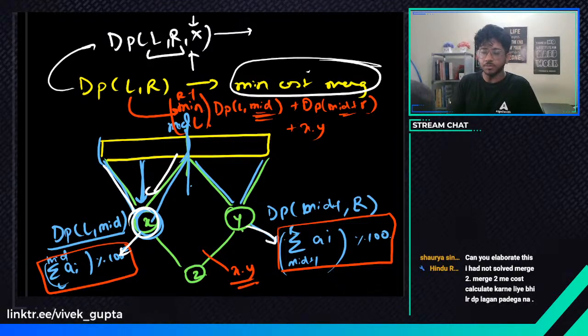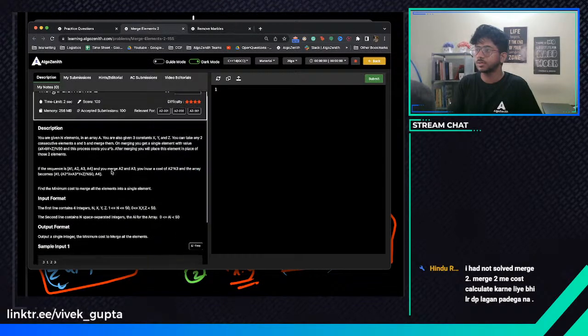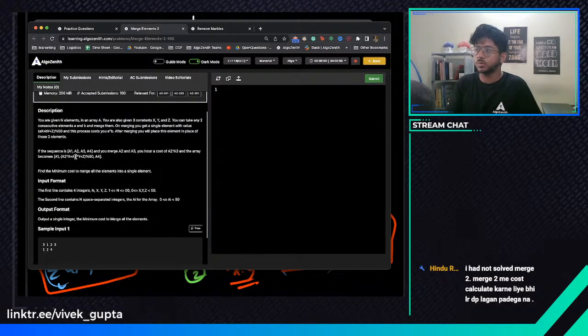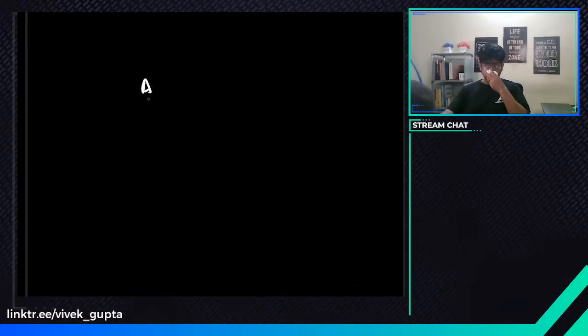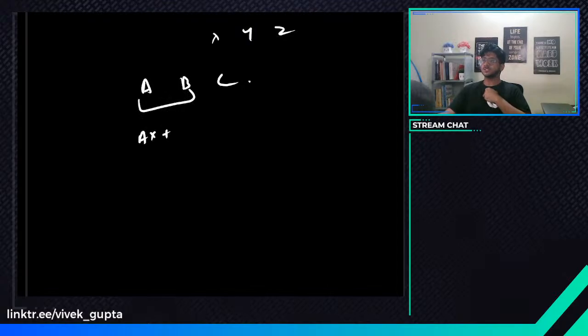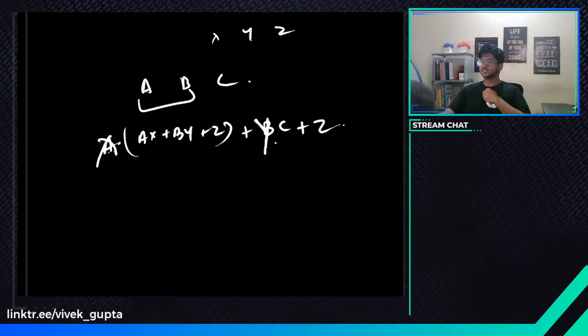So let me go to the problem that will make it simpler. The first problem is comparatively simple. The second problem is a bit more difficult to grasp. So the idea is, a b c and there is x y z. If you merge these two, you will get ax plus by plus z, whatever that mod, multiplied with x times a plus yc plus z.